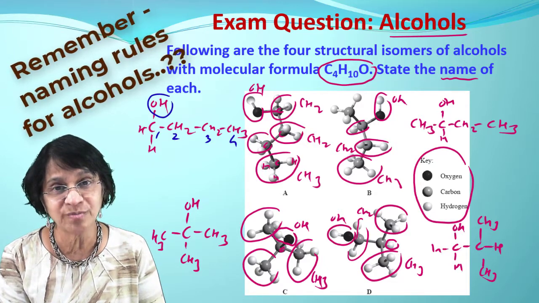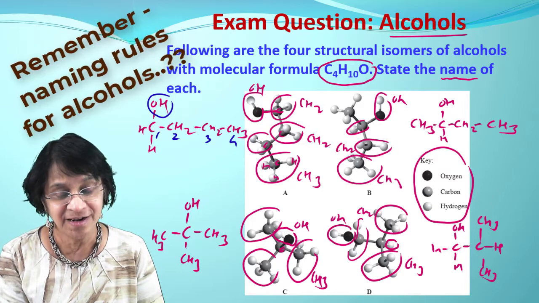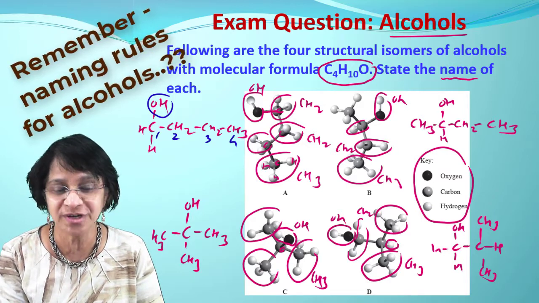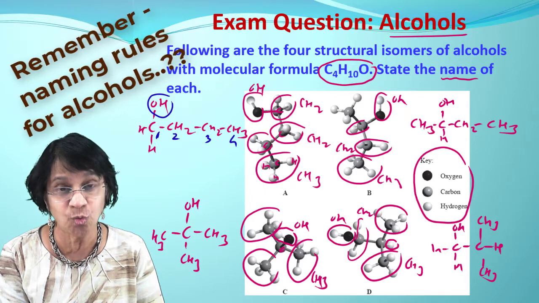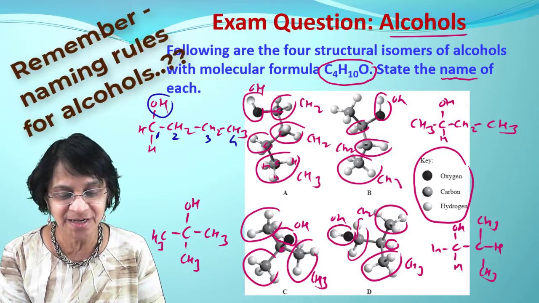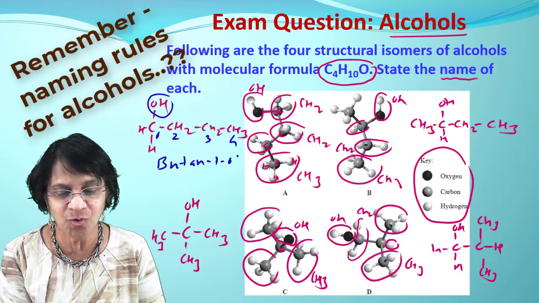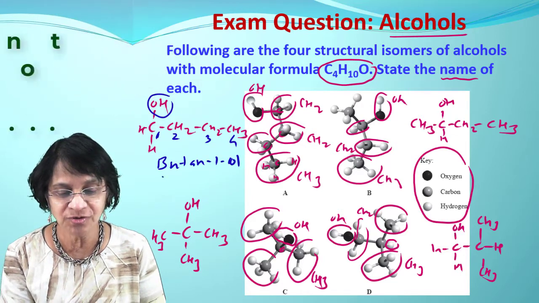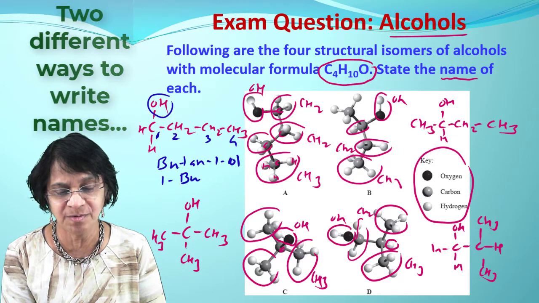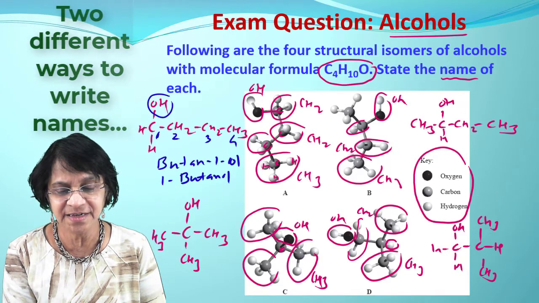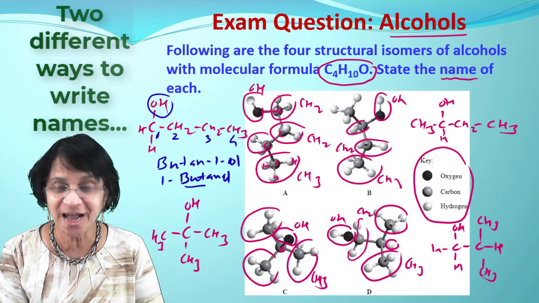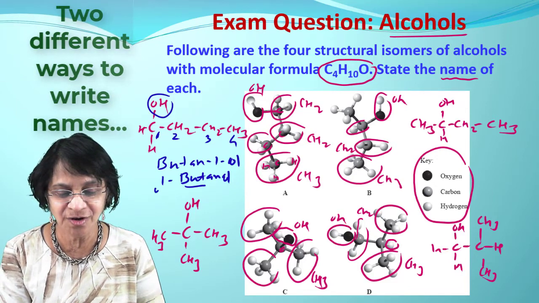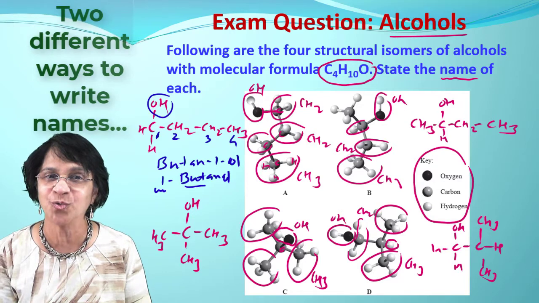Before that, we have to make sure how we number. The functional group should get the least number. So what we have here is 1. That means it will be butan-1-ol. Or we can also simply say 1-butanol, indicating that we have an alcohol with 4 carbon atoms and the alcohol group is at position number 1.